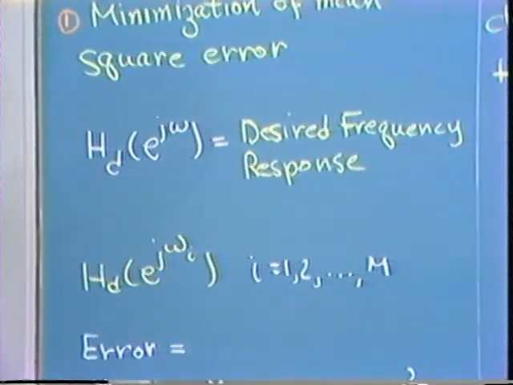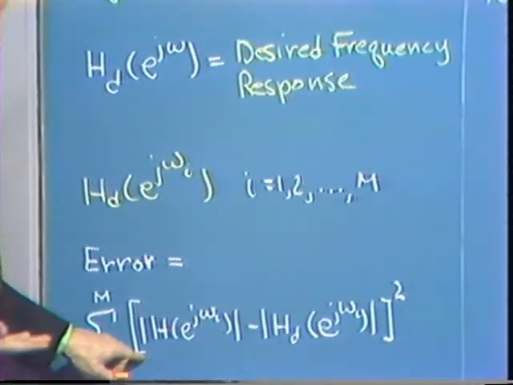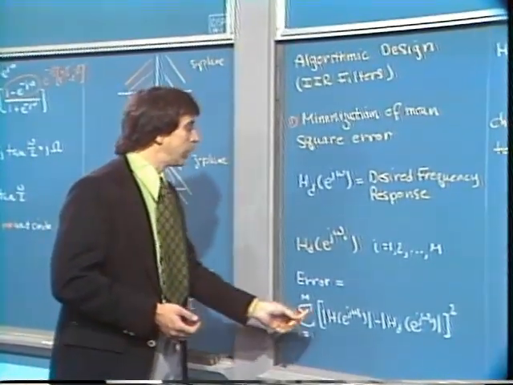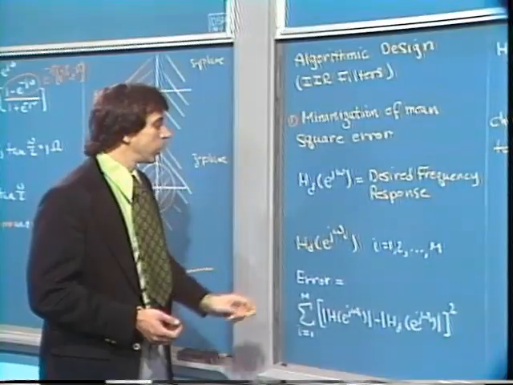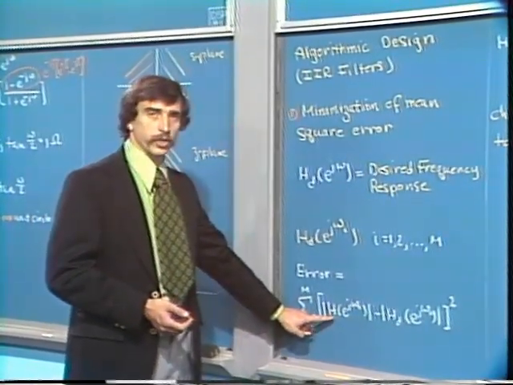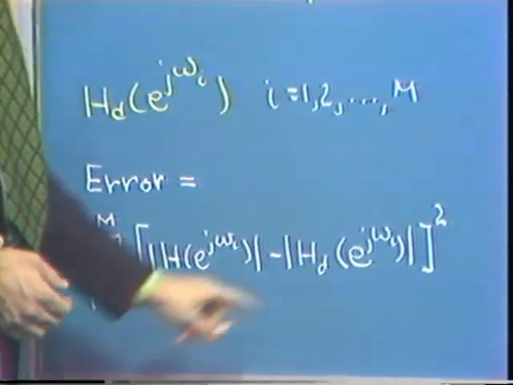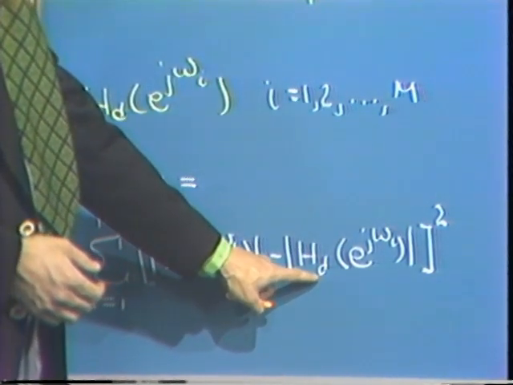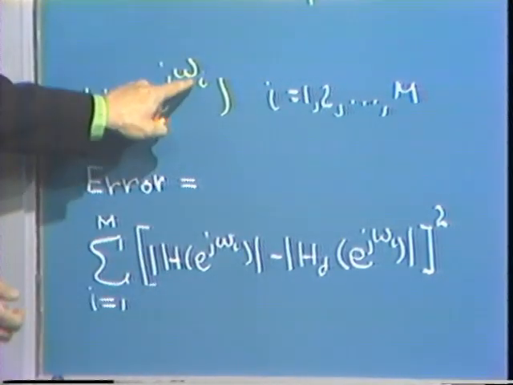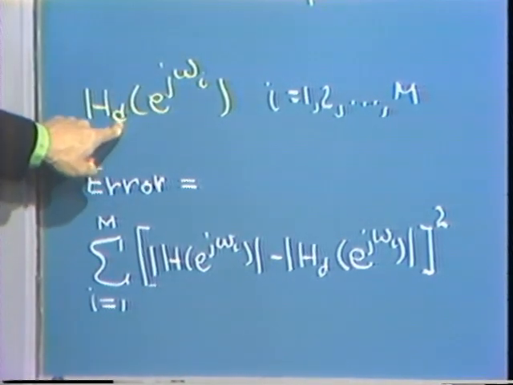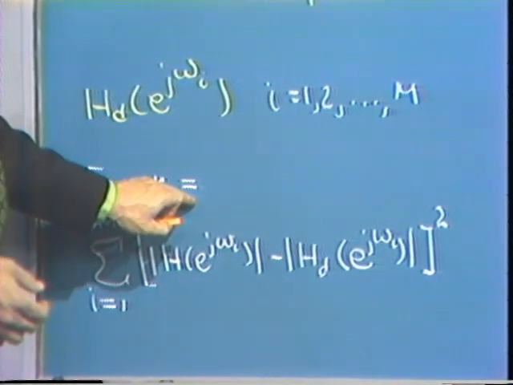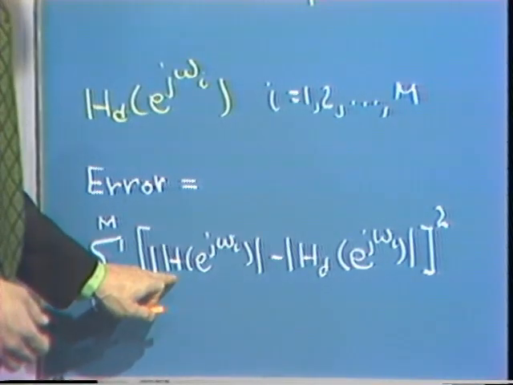The error which is used is the mean square difference between the magnitude of the actual transfer function and the magnitude of the desired transfer function. So this error, summed over the frequency points at which we specify the desired frequency response, is to be minimized. Well, how do we pick H?